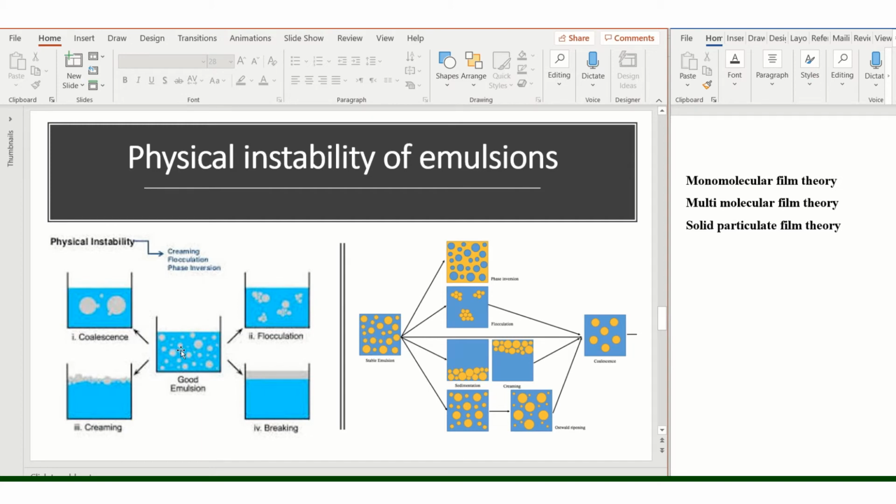Now, because of various reasons, it could be the wrong choice of emulsifying agents, or changes in the temperature, or any errors during the manufacturing process, or not maintaining the sufficient ratios of internal phase and external phase. These could be various reasons that lead to physical instability.